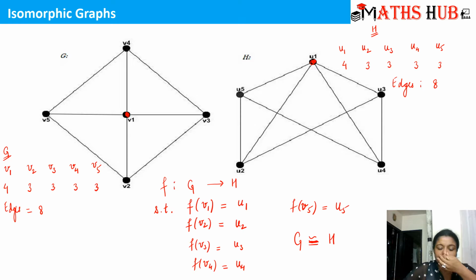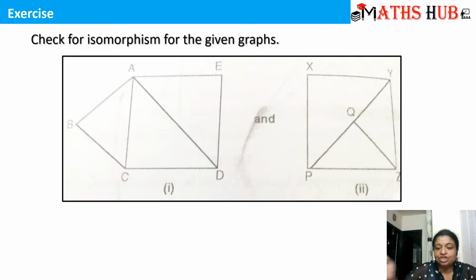Now let's see some more examples. Let's talk about the next exercise. We need to check whether these graphs are isomorphic or not.